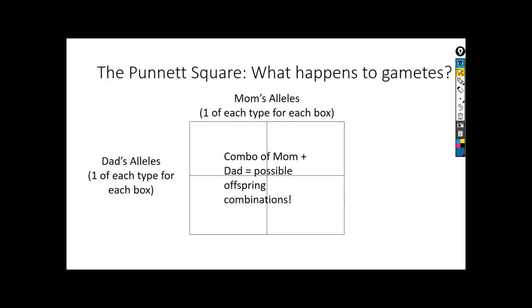And then we're going to use it a lot. So the key with the Punnett square is, as we look at the general setup, is I'm going to take mom, I'm going to break down her possible alleles, all of her possible allele combinations, and those are going to go across the top, always.